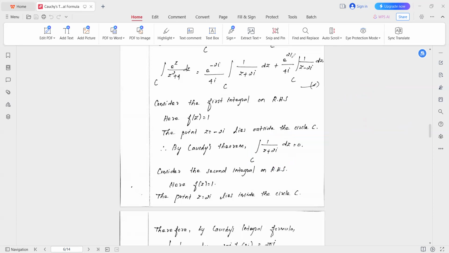So consider the second integral, 1/(z − 2i). Here, what is the value of f(z)? f(z) is equal to 1. Next, we check whether the point 2i lies inside or outside.